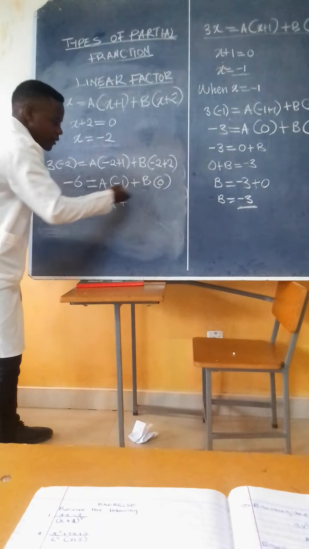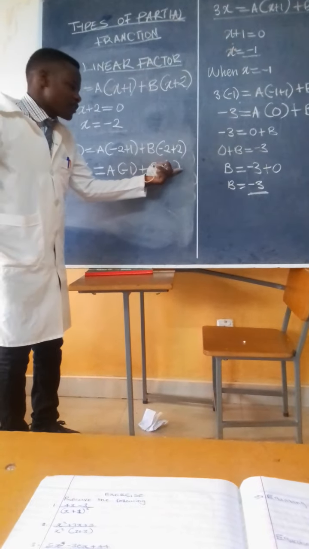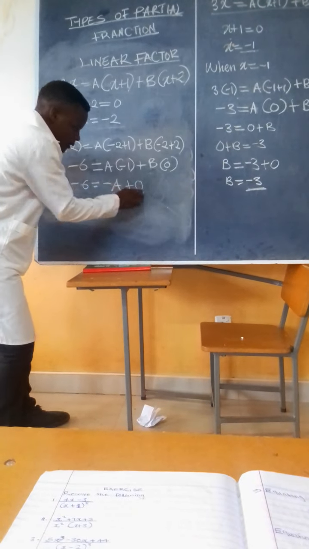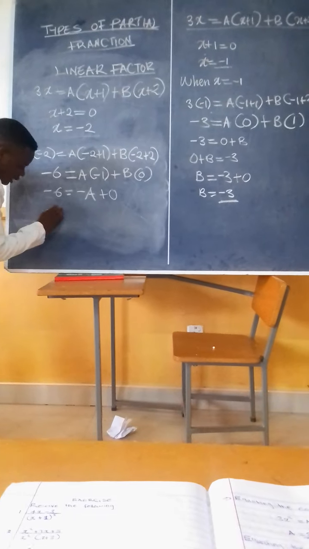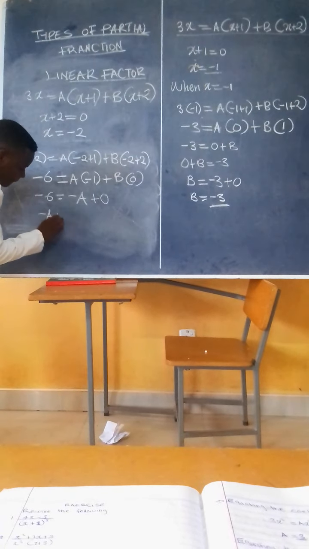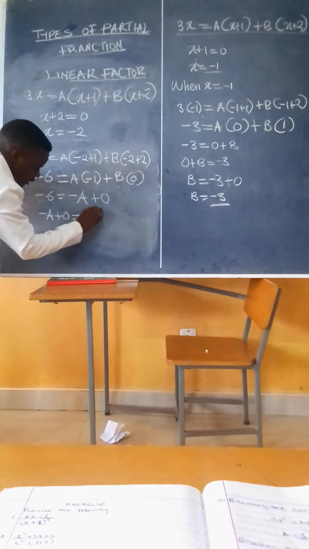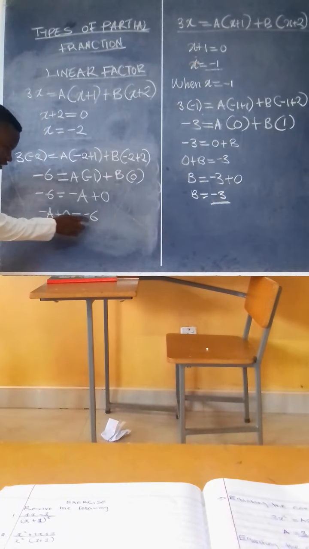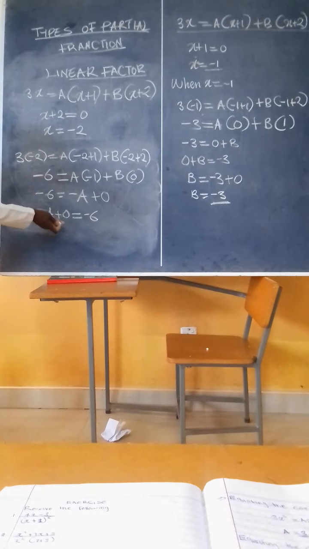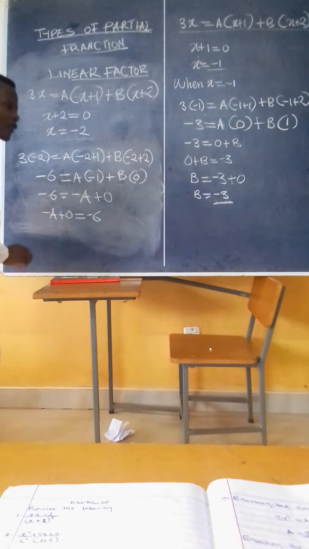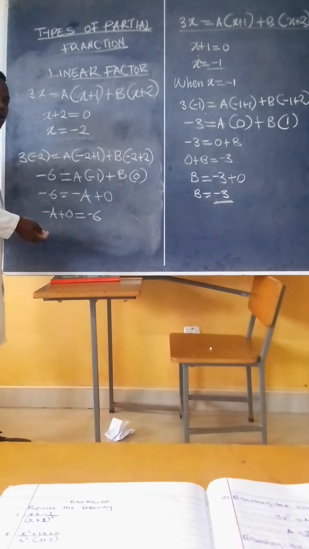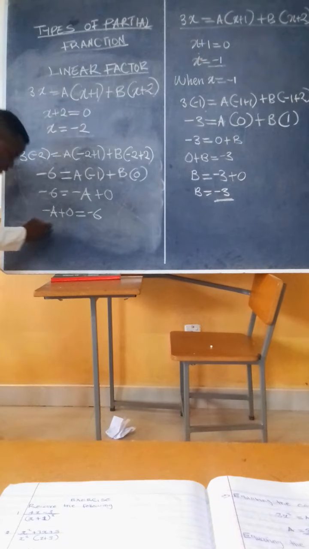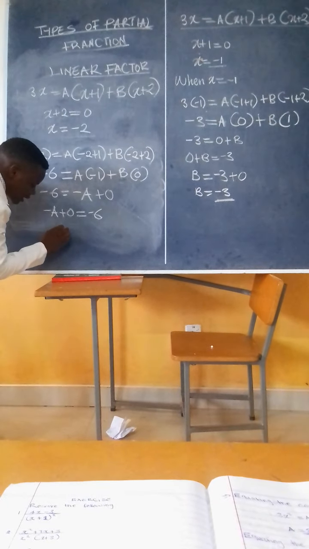As we all know, a number multiplied by 0 gives 0. So negative a plus 0 is equal to negative 6. Even if this 0 goes to the other side, whether maintaining the sign or not, the answer will be negative 6. So just do directly negative a is equal to negative 6.